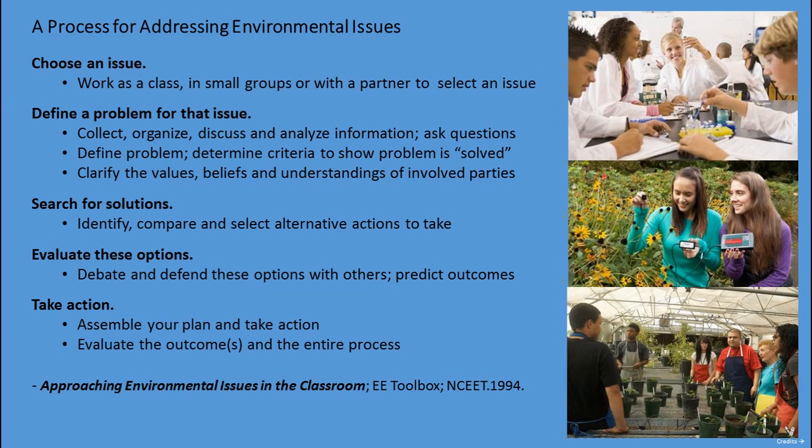Now, this is probably the best slide for this presentation. There's many ways of getting from point A to point B. There's a lot of information online and in publications about introducing environmental issues. This method I embellished.